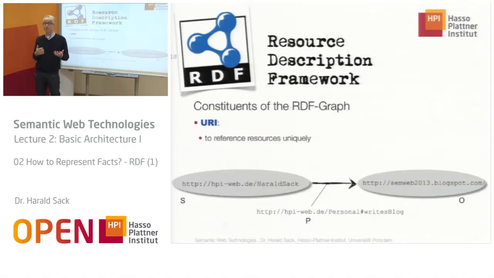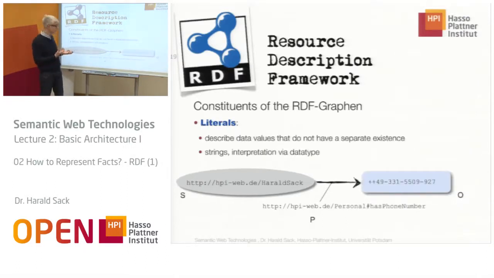So, this is a simple RDF graph that you can see here, and we try to state the fact that I am represented via a URI, that I am, for example, writing a blog. This is also a URI. And the blog that I'm writing is a resource that also has an identifier on the web, a URI. Or if we come back to our first example, the telephone number itself has no URI. It's a character string.